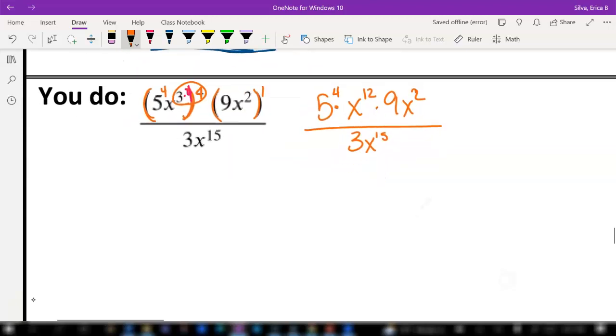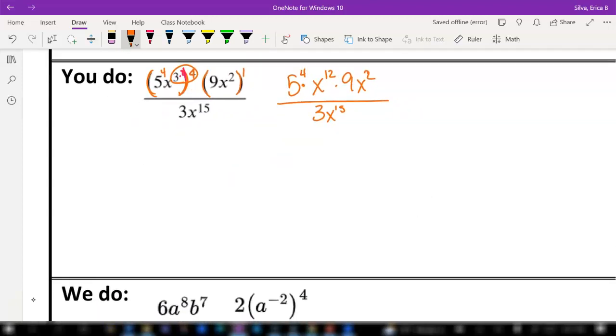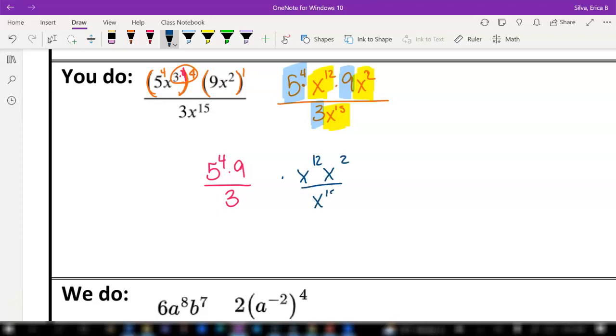All right, so from here, now we're going to group like terms. So here are all our numbers that we're going to group together. So that's 5 to the 4th times 9 divided by 3. And then all of my x's are also alike. So we're going to put those x to the 12th, x squared, and x to the 15th.